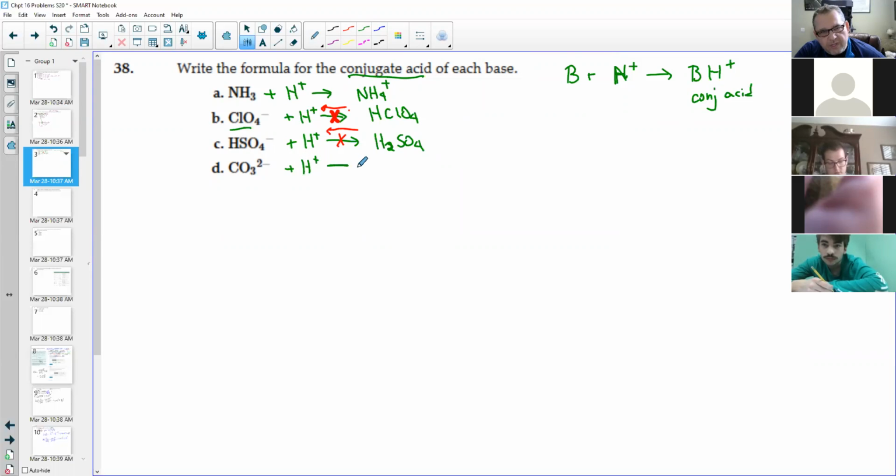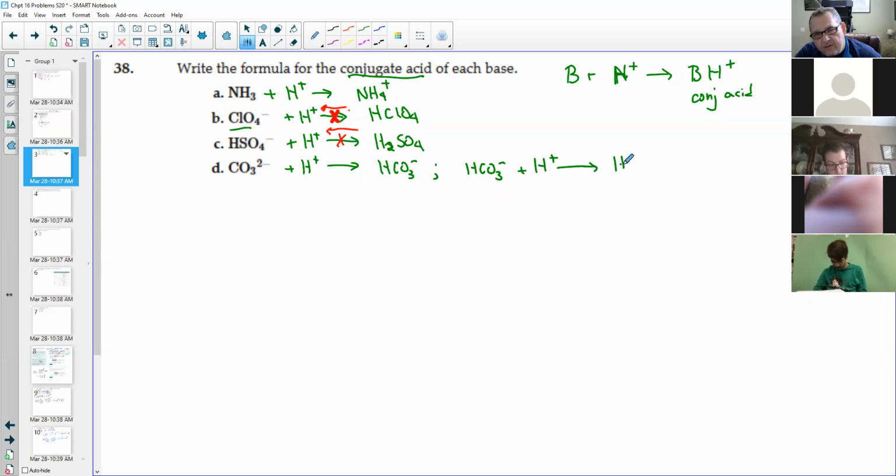The next one would. Carbonate, CO3 2-, can pick up a proton and become bicarbonate. So there it would be a conjugate acid. And that can actually go a second step. The step beyond that is that the bicarbonate could pick up a proton and become fully protonated carbonic acid.